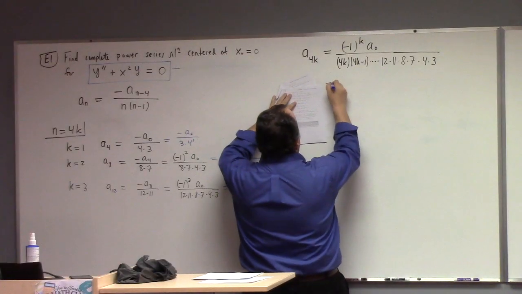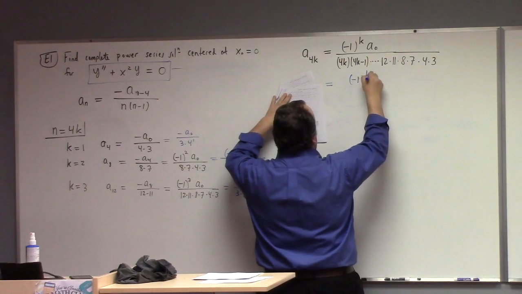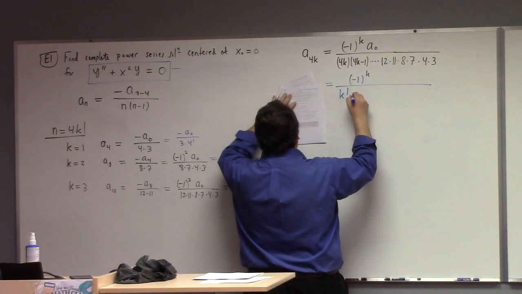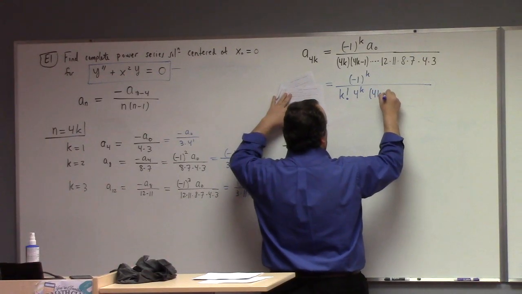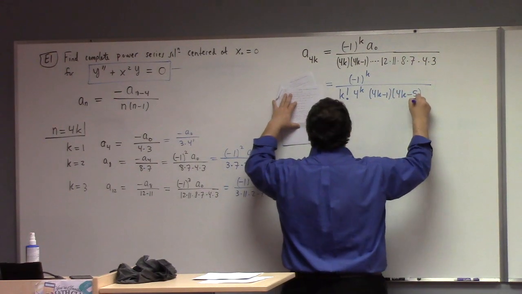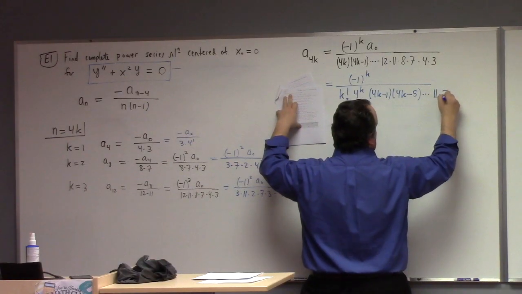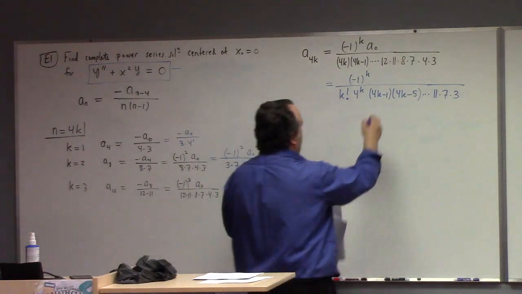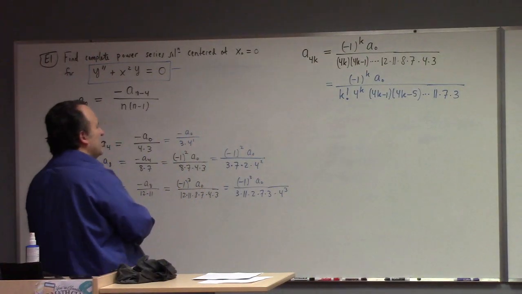But I claim that this can be rewritten as minus 1 to the k divided by k factorial times 4 to the power k times 4k minus 1 times 4k minus 5 on down the line until we get to 11 times 7 times 3. Of course, the a sub naught is still up there. I might be able to see that pattern. I don't know. Let me try again.